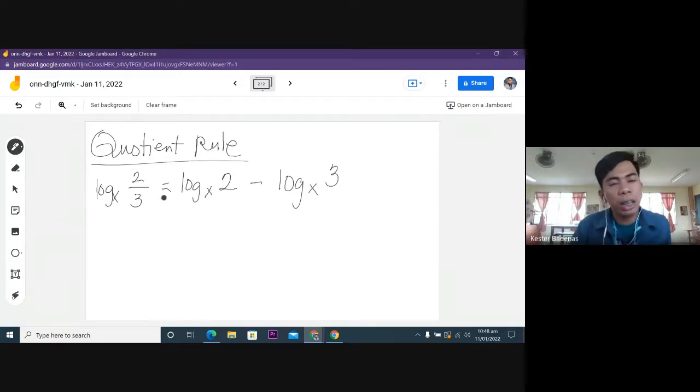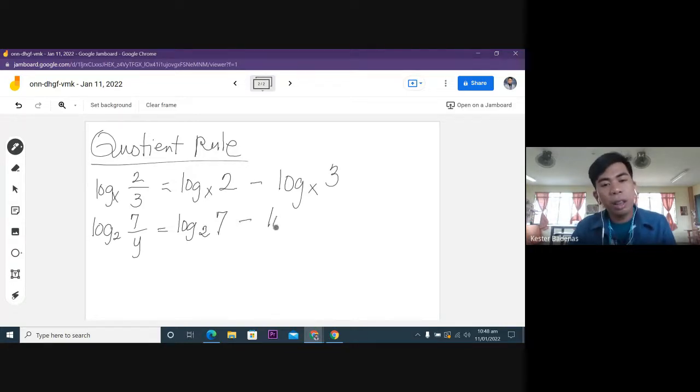Okay? So, ayan siya. So, isa pang example na ganito na i-expand. So, logarithm, let's say, of 7 over y with the base 2 magiging logarithm of 7 with the base 2 minus logarithm of y with the base 2 siya. Ayan siya.